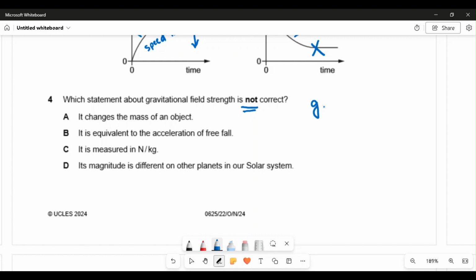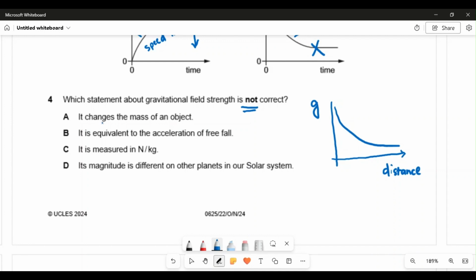The more the gravitational acceleration, the more the gravitational field, and this is inversely proportional to the distance. So as the distance increases, gravitational field strength decreases. So it does not depend on the mass of the object, but it depends on the distance.